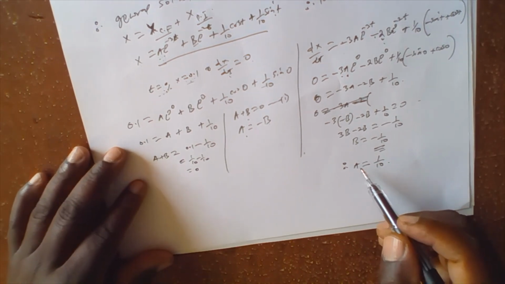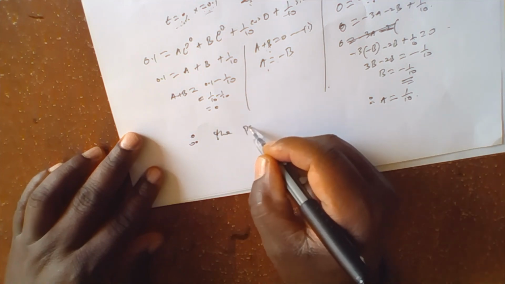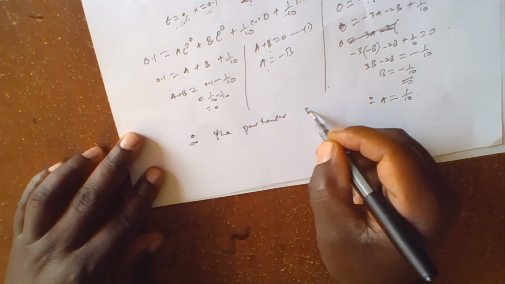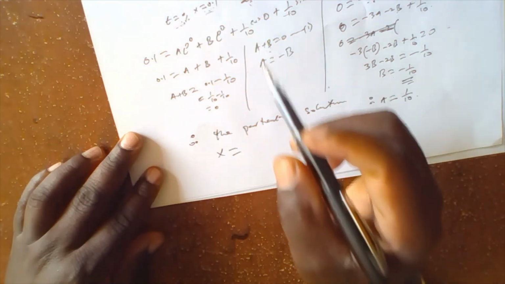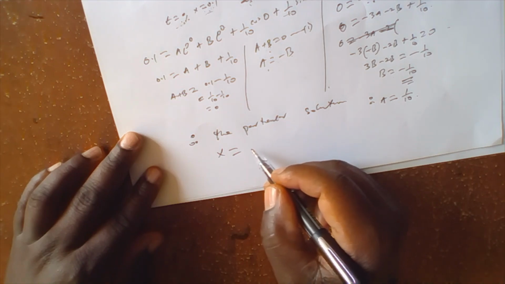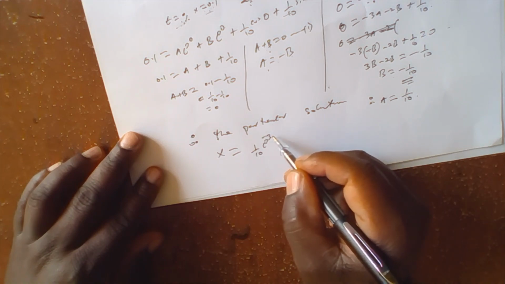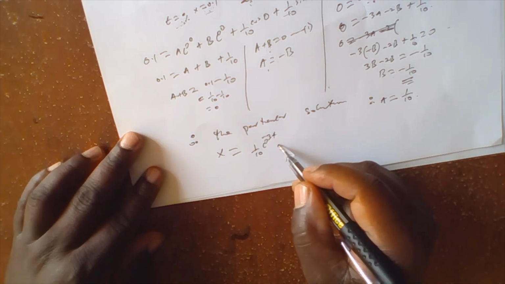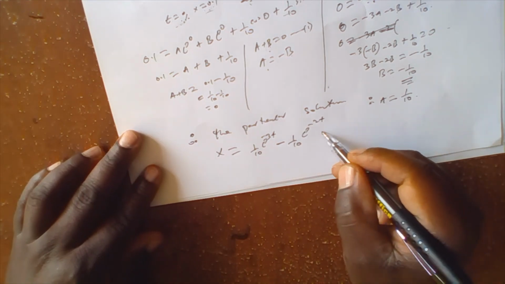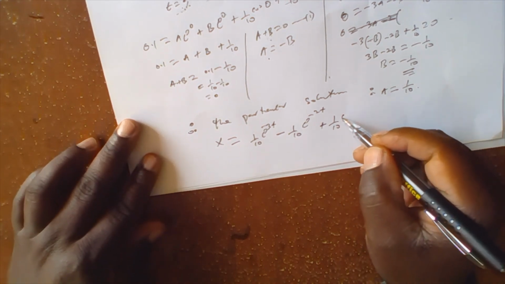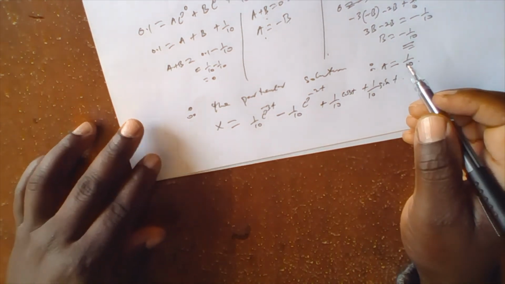So once we have the values of a and b, therefore the particular solution will be, we now replace a and b, so it will be x equals 1 all over 10 exponent minus 3t, and then minus 1 all over 10 exponent minus 2t plus 1 all over 10 cos t plus 1 all over 10 sin t.